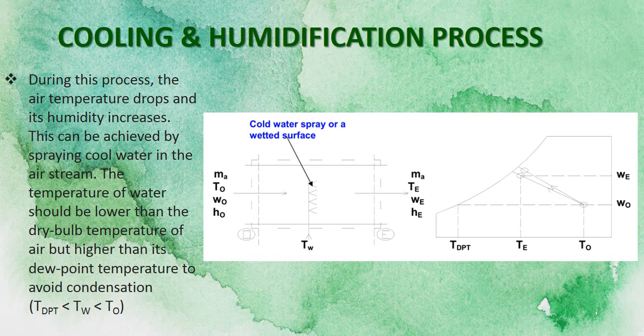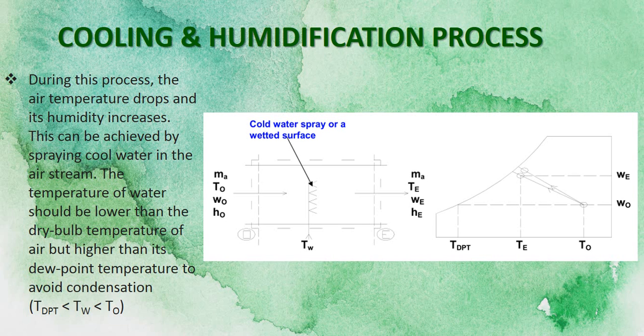So this is the final representation of the properties of your air: mass of dry air, its temperature, its humidity, and its enthalpy. In the chart, you can see that this is your initial temperature and this is your final temperature, with this particular humidity value, and this is the dew point temperature.